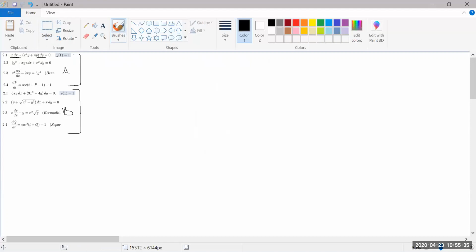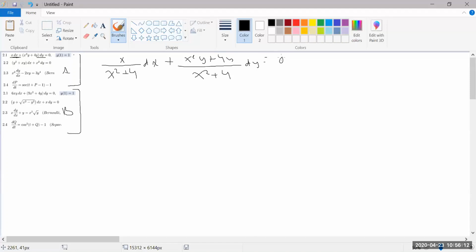Okay, so we have our integrating factor, so we're going to multiply it through the whole equation. So what that gives us is x over x squared plus 4 dx, and plus x squared y plus 4y all over x squared plus 4 dy, still equal to 0.